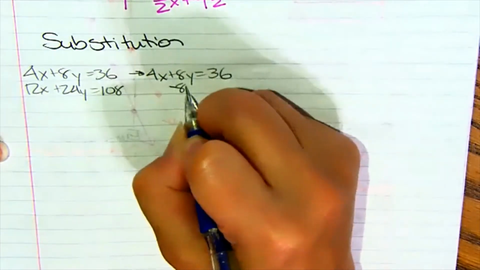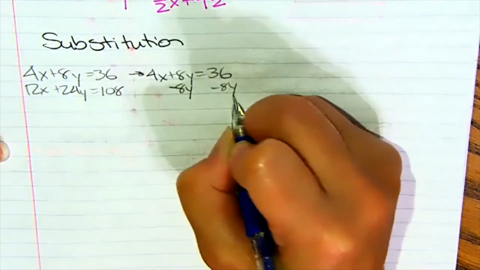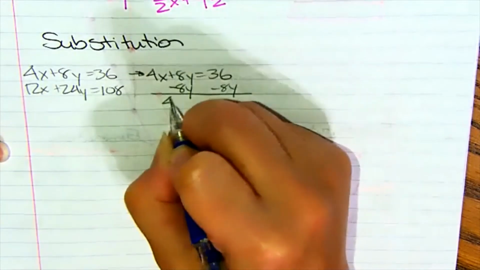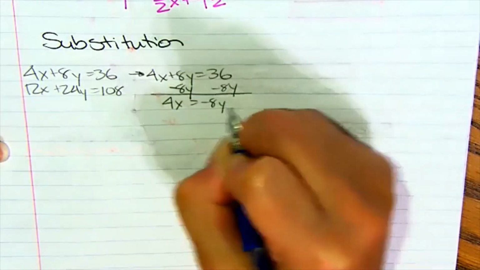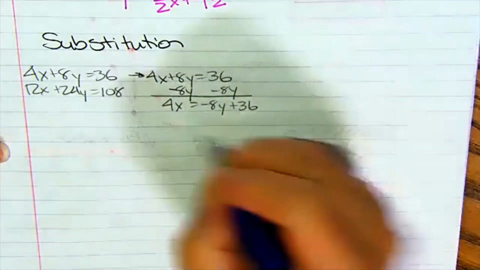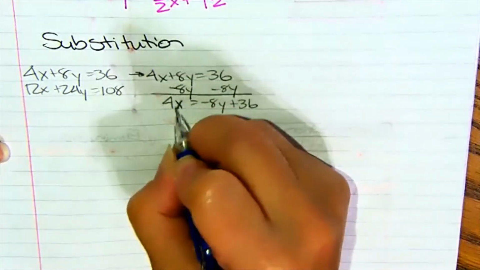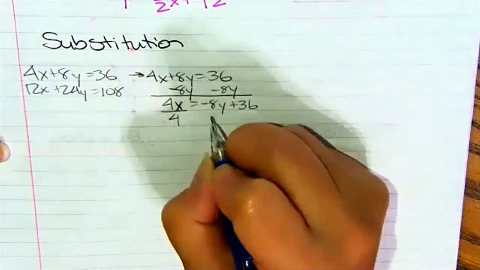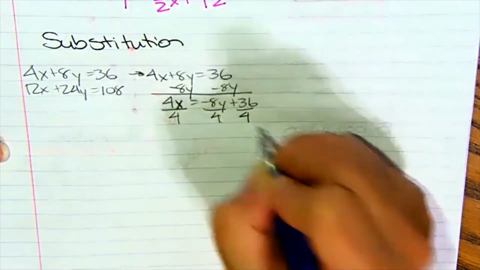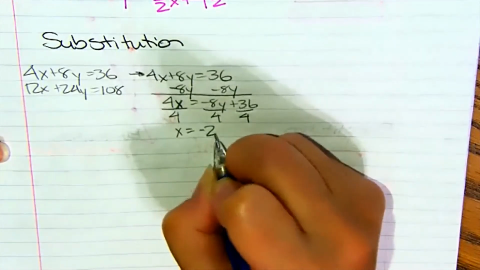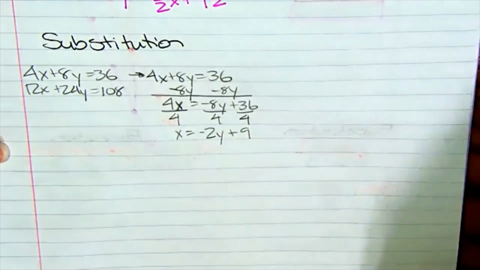So let's get rid of 8y. What I do to one side, I must do to the other. 4x equals negative 8y plus 36. I want to isolate my x, so I'm going to divide by 4. What I do to one side, I must do to the other. X equals negative 2y plus 9.